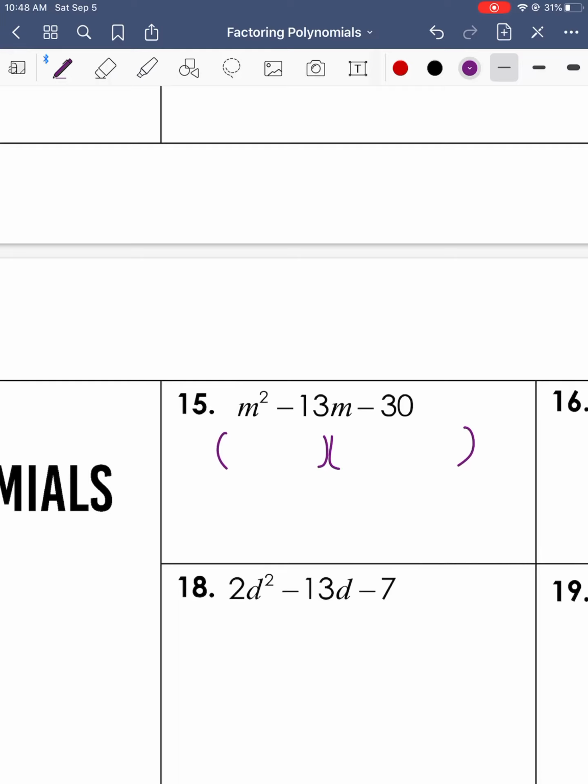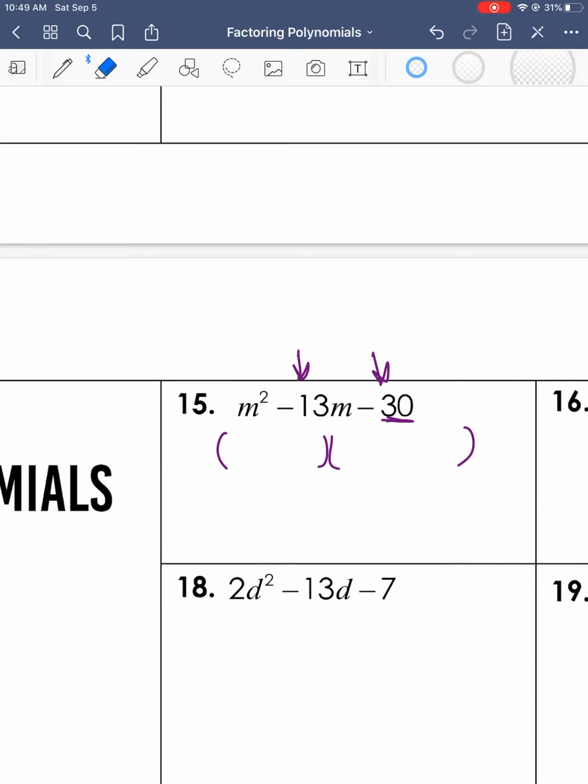So we're looking for two numbers that have to multiply to get negative 30 and add to get negative 13. It might help for you to make a list of factors of this last term here if it's not clear what you're going for, but in this case it actually is pretty clear. Two numbers to multiply together to get negative 30 and add together to get 13.